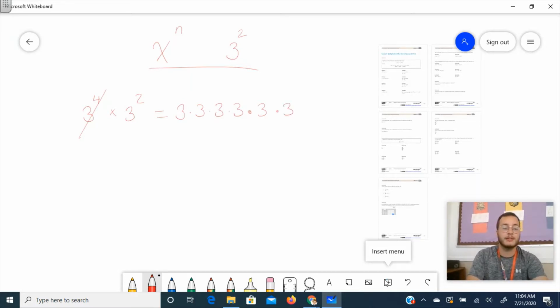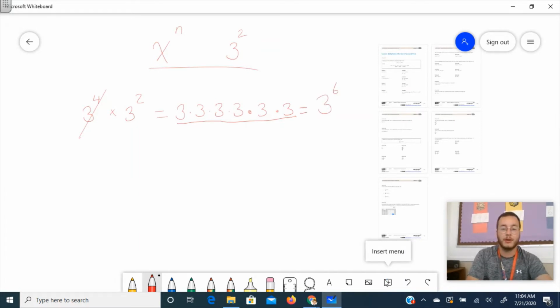So all you see here is that I did repeated multiplication times repeated multiplication again, and got a just longer repeated multiplication. So if I simplify this, I have 3 times itself, 1, 2, 3, 4, 5, 6 times. So that's the same thing as saying 3 to the 6th power.